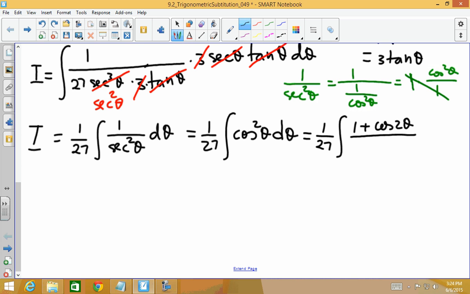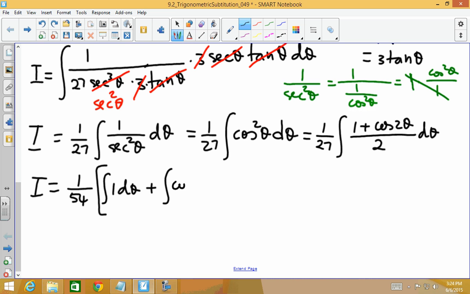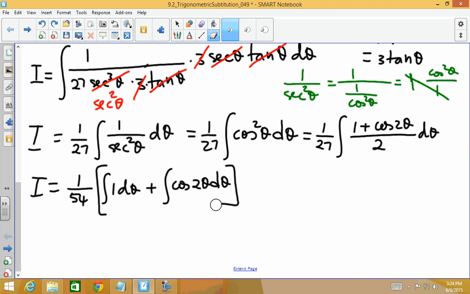So I is equal to, moving the denominator out, 1 over 27 times 2, which is 1 over 54, times the integral of 1 d theta plus the integral of cosine 2 theta d theta. With this, everything is easy to go.